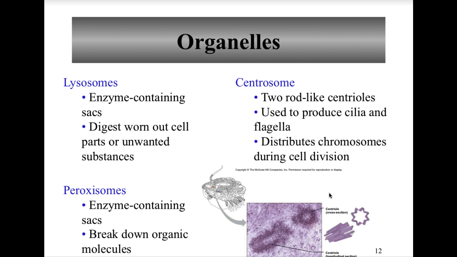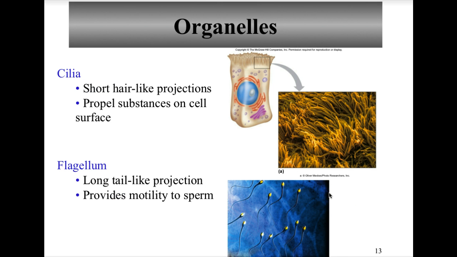Centrosomes, these are a pair of microtubules located near the nucleus, and they aid in the movement of chromosomes during mitosis. So that would be related to cell division. Centrosomes are used to produce the cilia and the flagella, and they are basically two rod-like centrioles. If you look at cilia themselves, cilia is plural, the cilium singular.